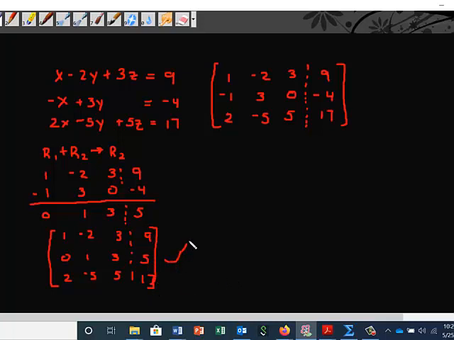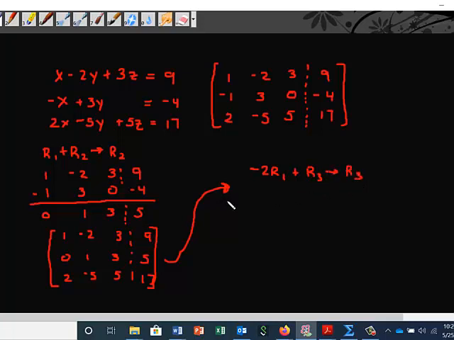So the next thing we'll do is get a 0 in this position. How do we do that? We're going to say negative 2 times row 1, add it to row 3 to get the new row 3.